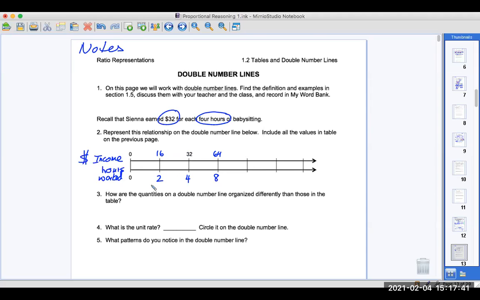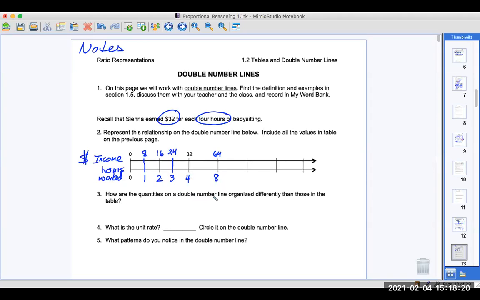This is how these relationships go. And then I know somewhere in here is 8. 8 is half of 16, so the hours have to be half of 2. So $8 for the first hour, $16 she earns for the second. You could put in the third. So that would be 24, 3 times 8 is 24. You can look at it that way. And then what other numbers do we have? Oh, I think that's pretty much it.